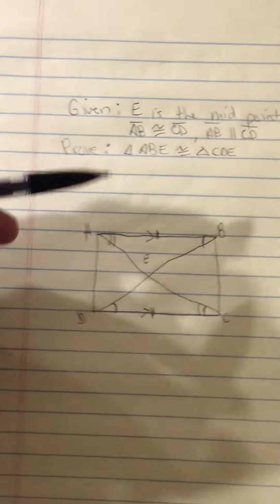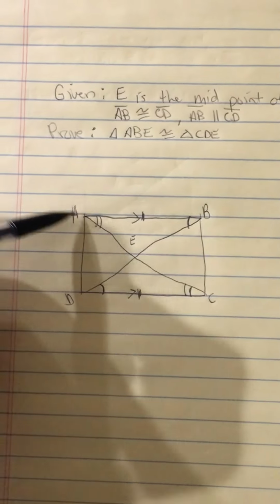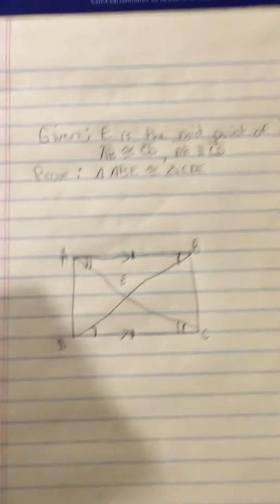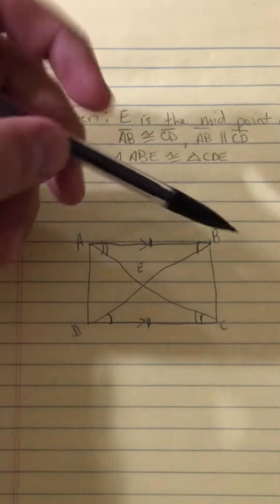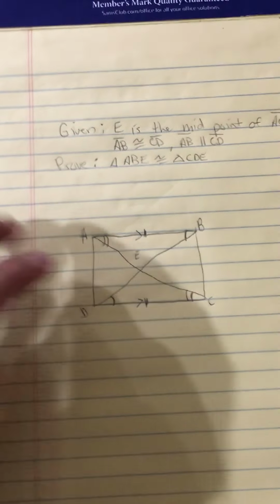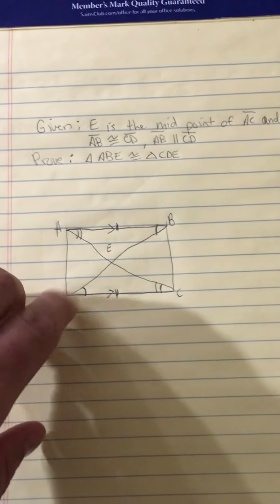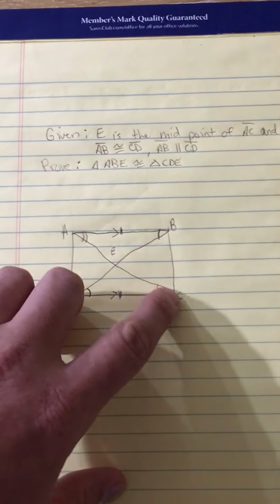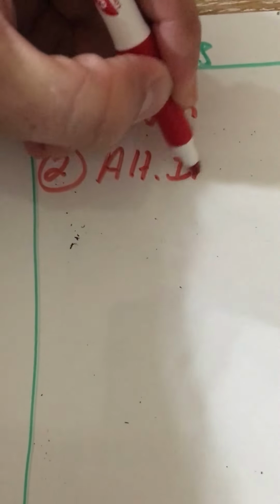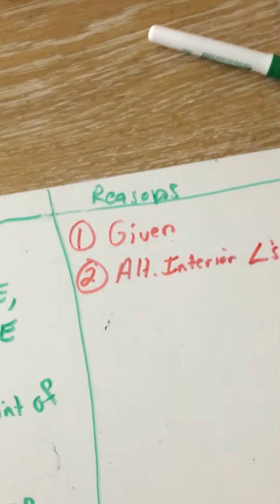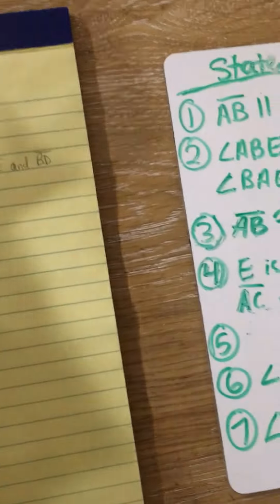Alright, and if you notice something about this, I have two parallel lines, and I have two lines that cross them or are cut by my transversal. So AC as well as BD are both transversals. So if you look at this, we know that B and D as well as C and A, they are alternate interior angles. So we'll go ahead and write that down. So they are alternate interior angles.